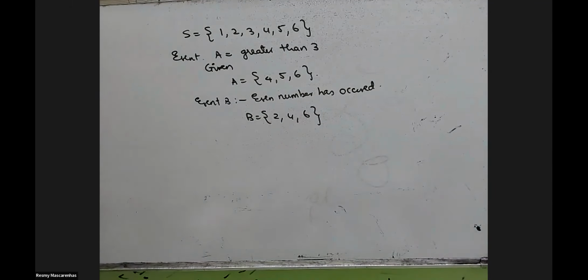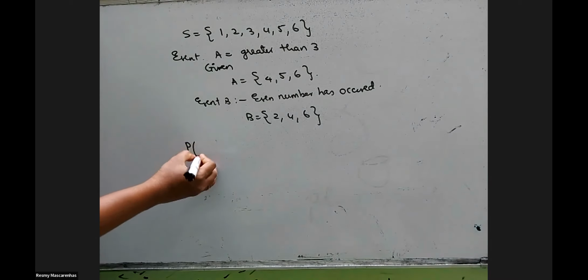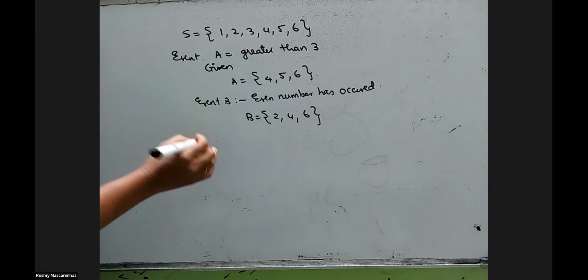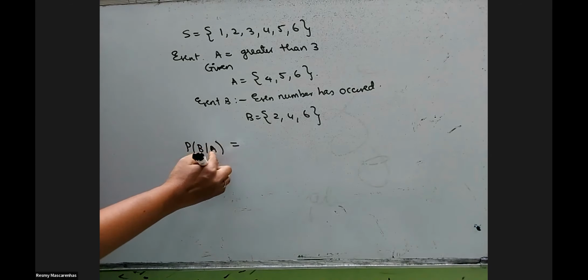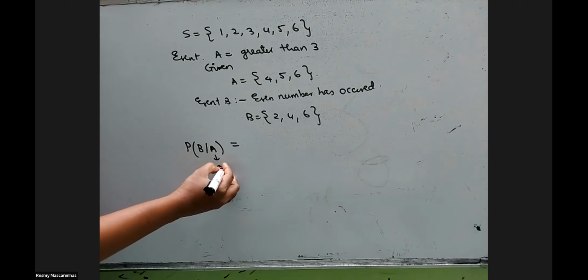So these are the possibilities of getting an even number. Now what is asked? Probability of B. Now B is definitely dependent on A, so it has to be greater than 3 also. Probability of B now dependent on A, because this is given.